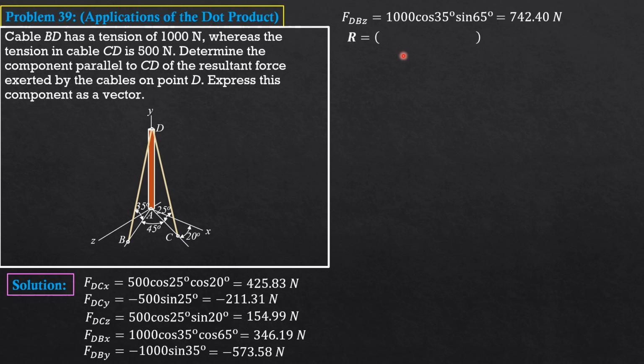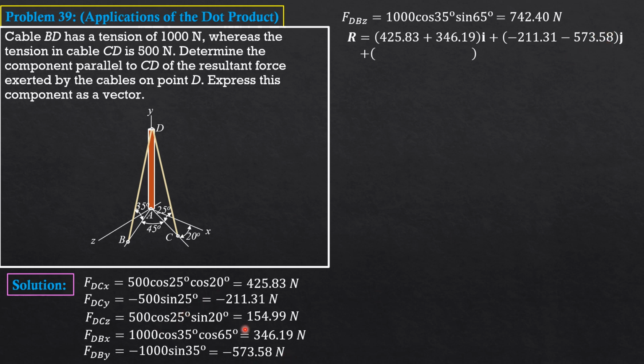We can now compute the resultant, the summation of forces, by adding corresponding components. The x component of DC, 425.83, plus the x component of DB, the y component of DC, negative 211.31, then negative 573.58 j.